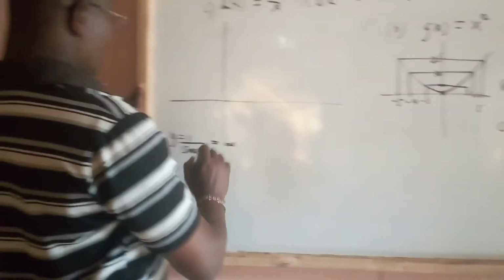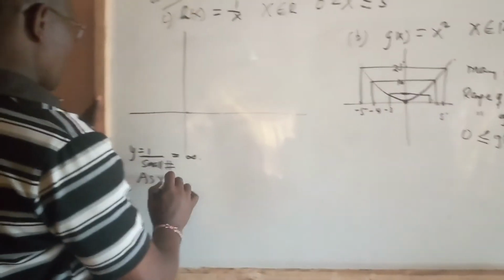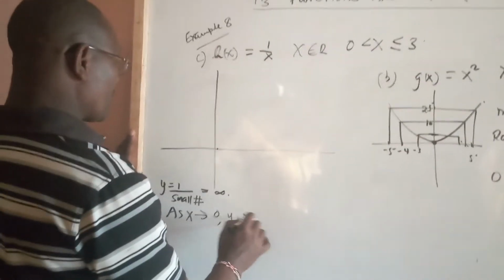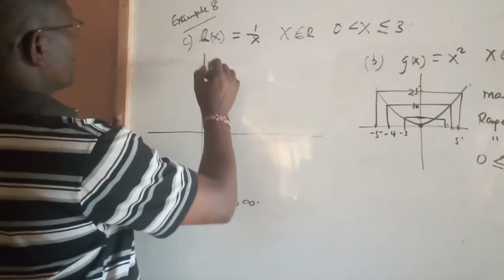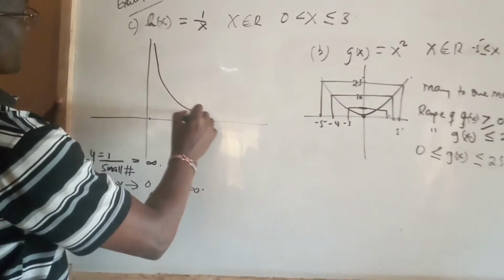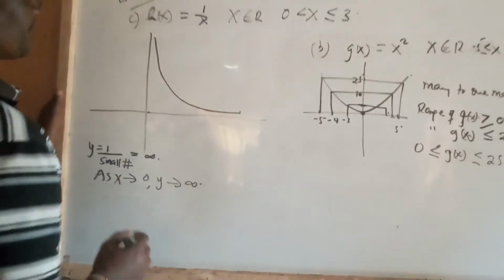So as x approaches 0, y approaches infinity. So in this case, we are likely to have a function that looks like that.